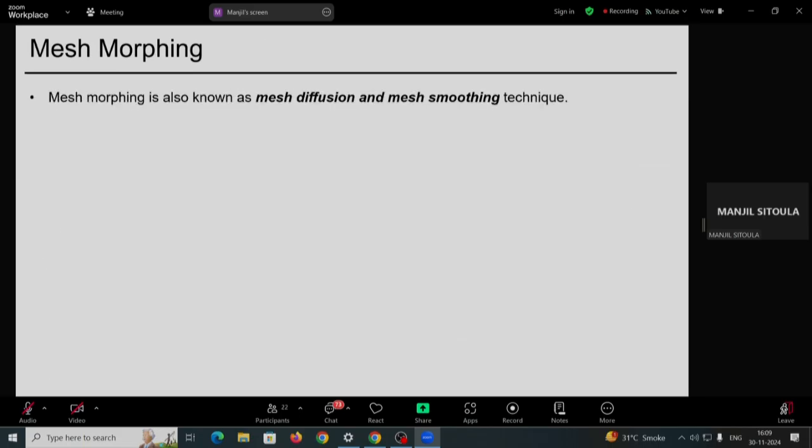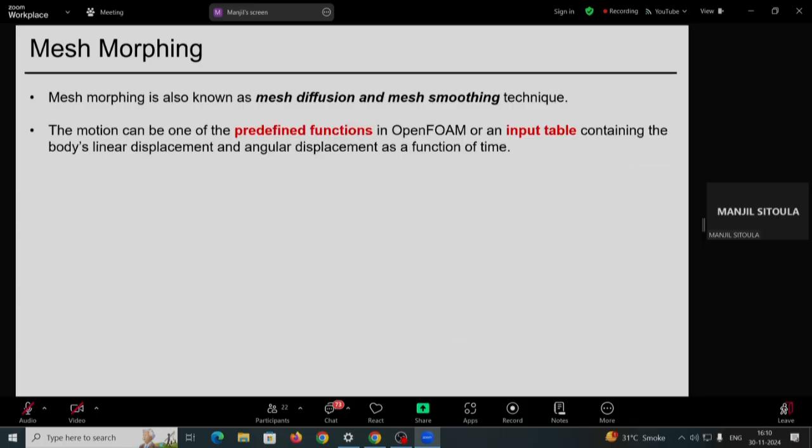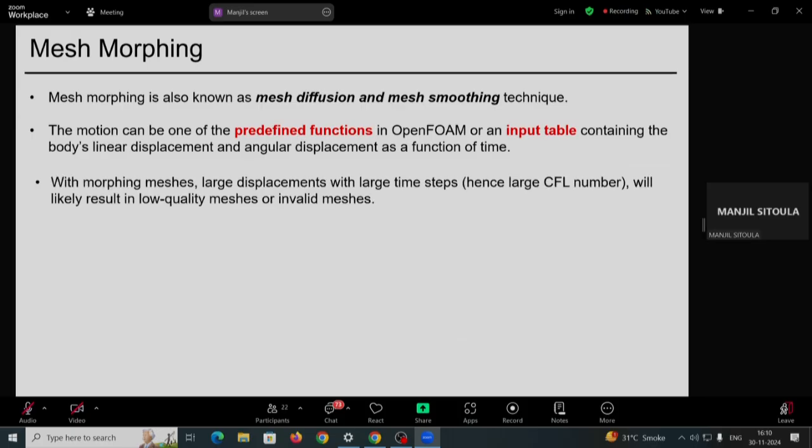Simply, mesh morphing is the dynamic meshing strategy in which the shape of the mesh changes. The connectivity of the mesh does not change, the number of cells does not change, but the shape of the mesh will change. Mesh morphing can be achieved either by predefined functions given to the moving boundary, or we can also input, using a table, the displacement or the angular displacement of the body as a function of time.